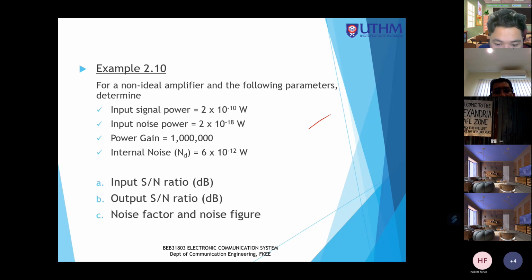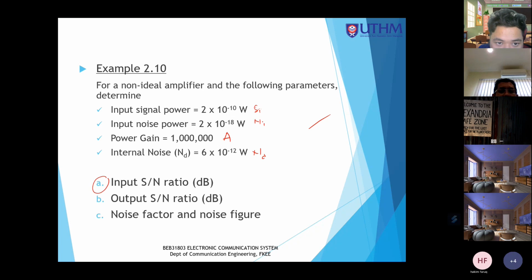So you see that as for a non-ideal amplifier and the following parameters. You are given the SI, input signal power, this is NI, you are given A, you are given the ND. So we can find all the parameters.